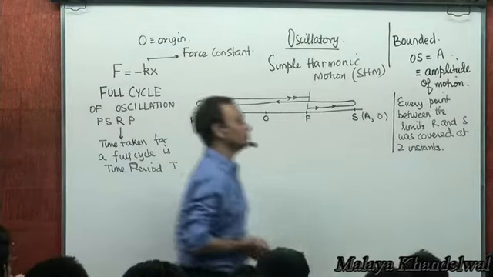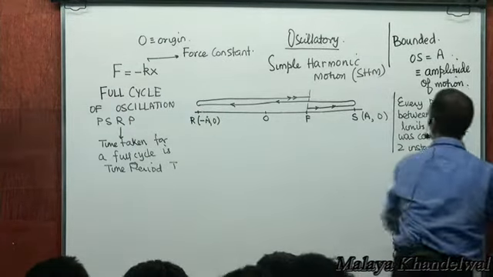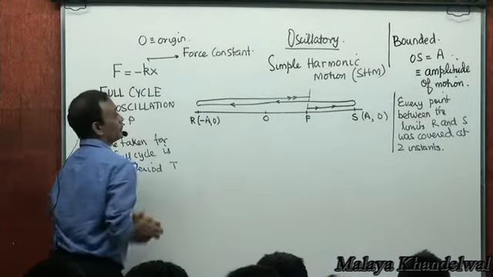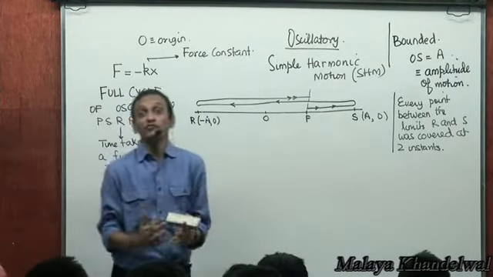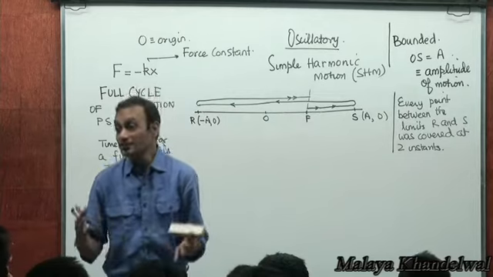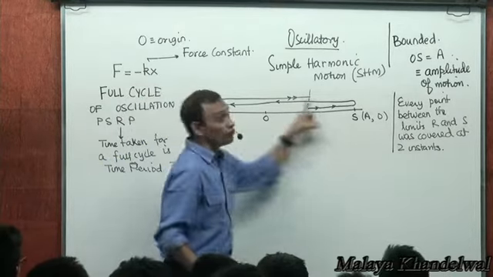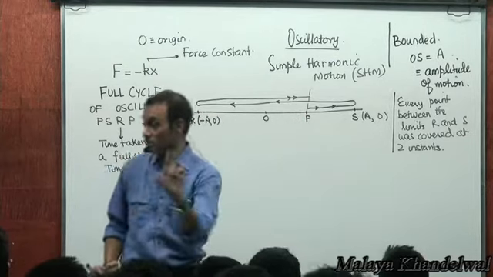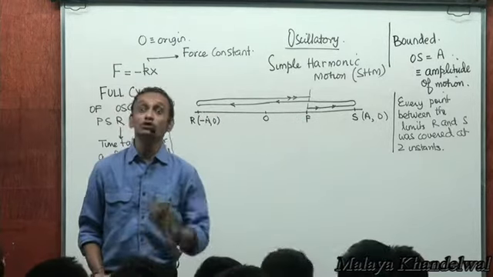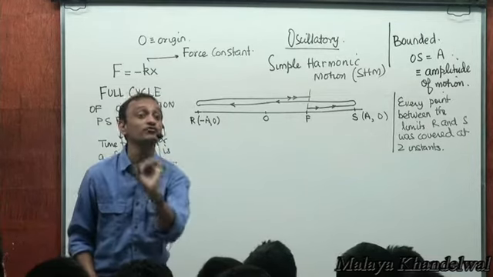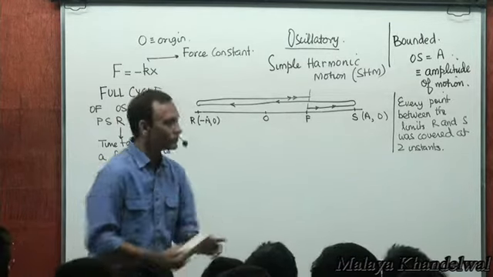Now, in 1 second, if it takes T seconds for a full cycle, then the number of cycles in a given second would be 1 by T. Yes or no? Right?